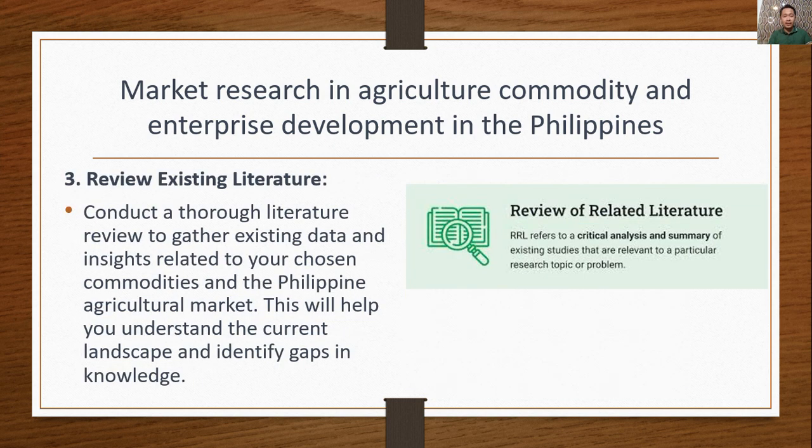Then review existing literature. You may conduct a thorough literature review to gather existing data and insights related to your chosen commodities in the Philippine agricultural market. This will help you understand the current landscape and identify the gaps in knowledge.